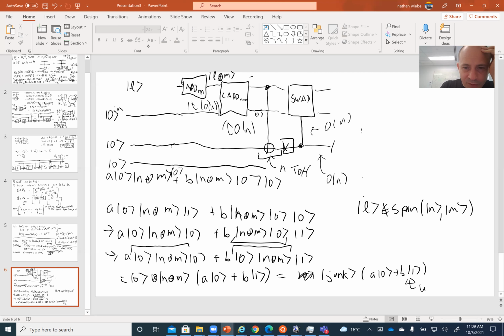And we're going to want to flip that to 1 if and only if the top qubit is equal to 0 or it's equal to M exclusive or n. So the easiest one to do is let's do the 0.